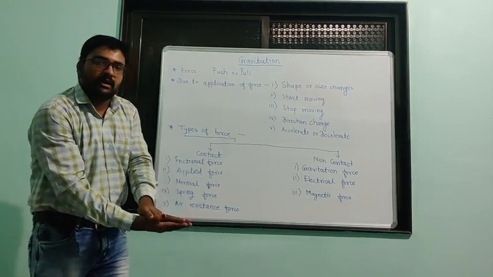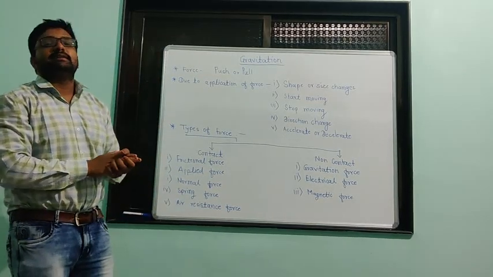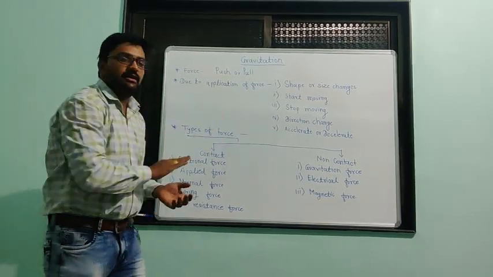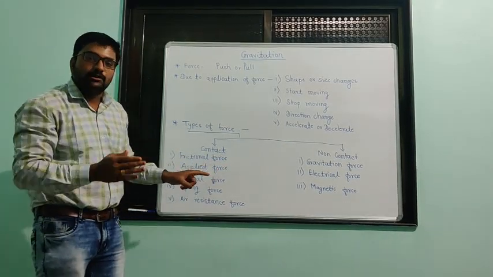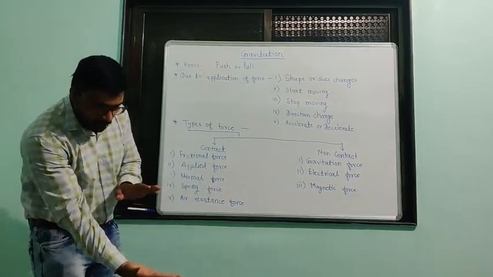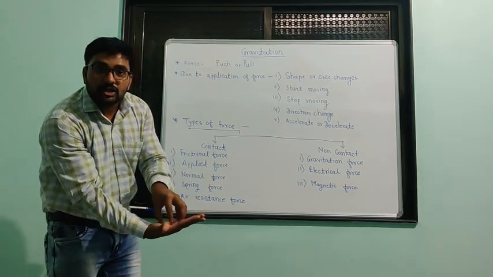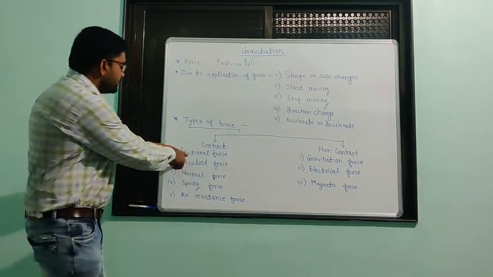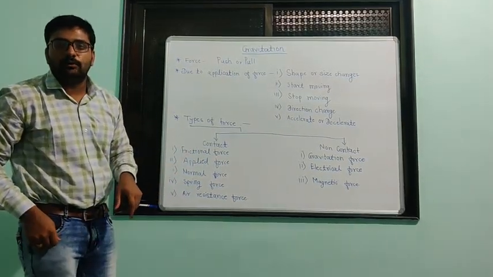Due to that, its velocity continuously gets reduced, and after reaching one particular point, the ball will stop. Here the ground and the ball surface are in direct contact with each other. That is why frictional force falls in the category of contact force.